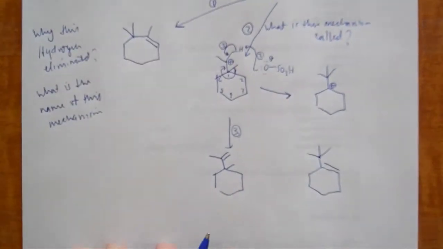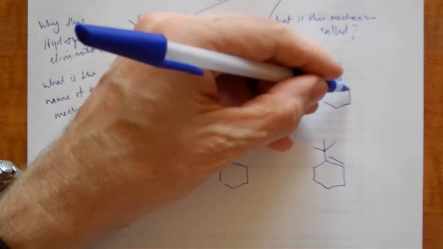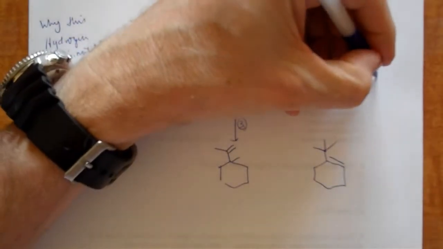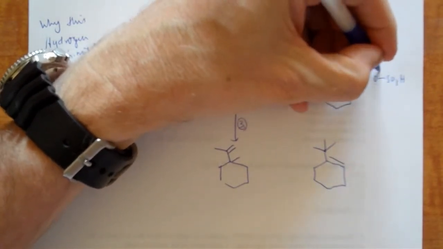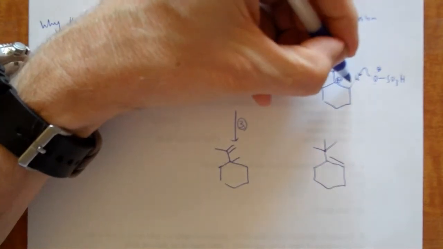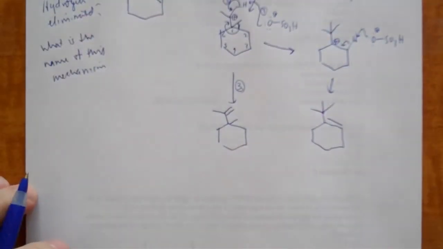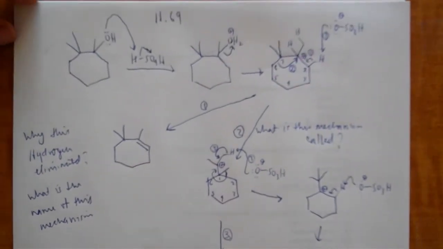Oops, I was off screen, wasn't I? There are no hydrogens on that one, so you can't. The hydrogen's got to come from here in order to be eliminated. Alright, and that's going to go here. Okay, so hopefully that mechanism works.